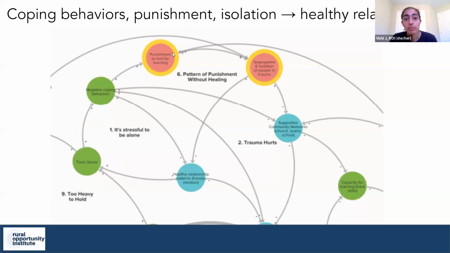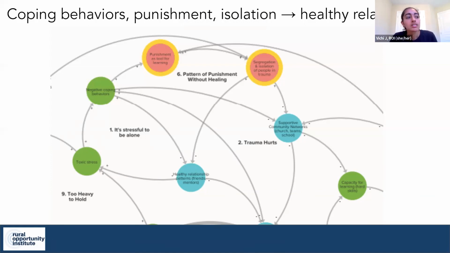One of the big patterns was around punishment. Basically, the story that came up a lot was someone would experience trauma or toxic stress and immediately turn to some sort of coping or soothing behavior. And almost no matter what that behavior was, it's something we automatically punish. It might be a kid needing to step out of class to take a break. It might be using a substance. It might be some form of display of anger.